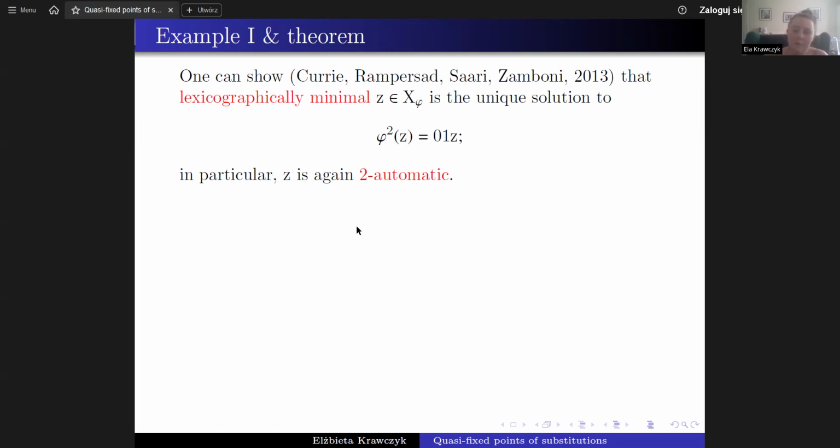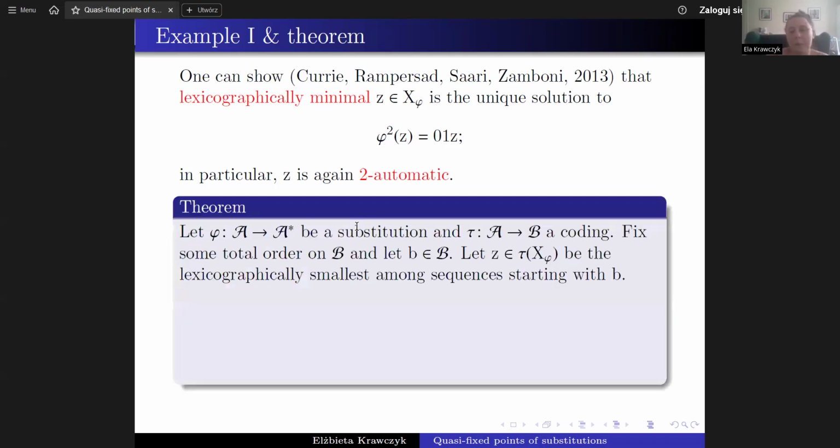And in general, several authors proved the following theorem. Starting with some substitution and a coding, fixing some total order on my output alphabet, and fixing some letter B in this alphabet, we can look at the set of all lexicographically smallest sequences in my system which start with this chosen letter B, and ask, are they nice in some way?